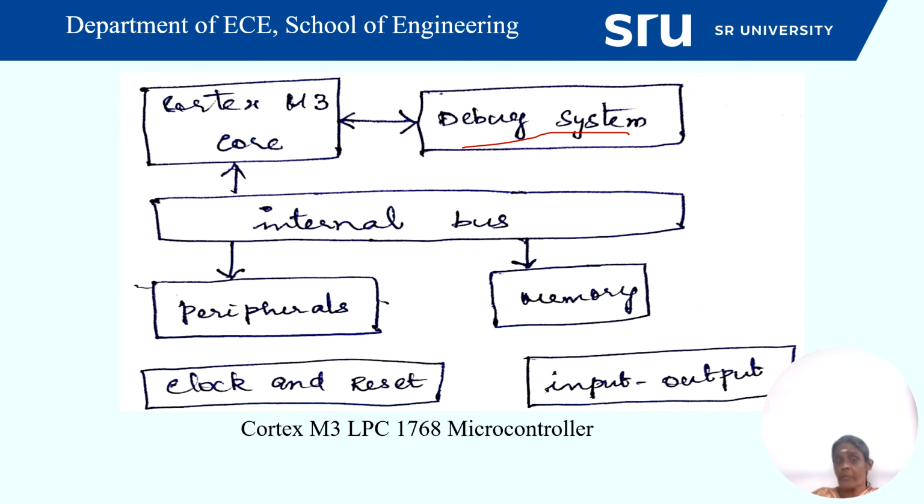And from the internal bus, a unidirectional connection goes to the Cortex-M3. In the same way, the bus will be connected to the peripherals from the internal bus as well as to the memory. And clock and reset input and output will be used separately.